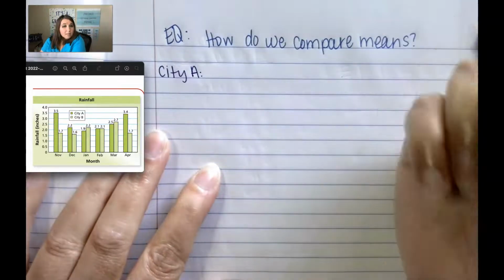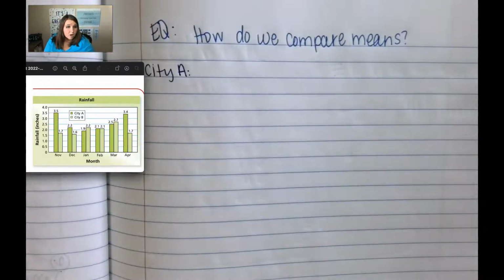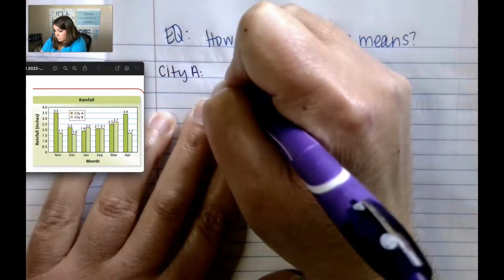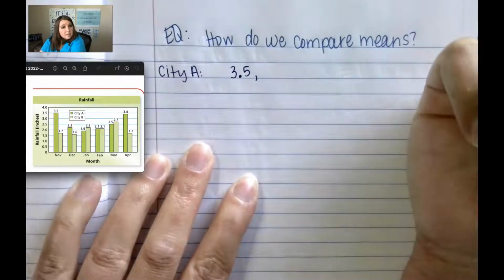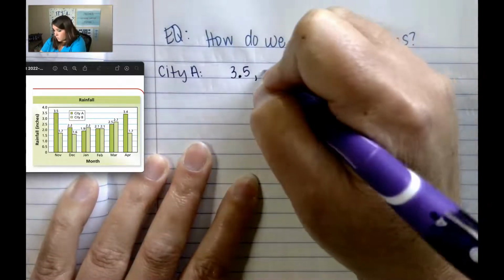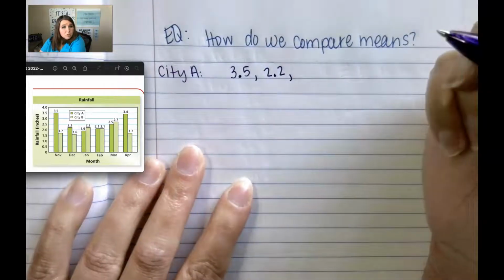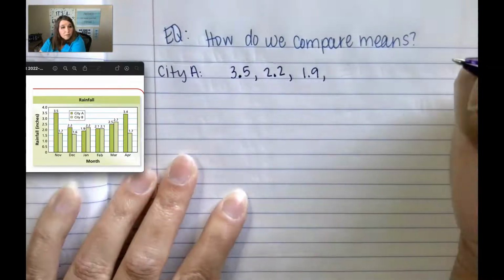City A, we can see that in November, in this dark green bar right there, it is 3.5. So we're going to say 3.5 is our first number. The next number was 2.2 inches. After 2.2 inches, they had rainfall of 1.9.